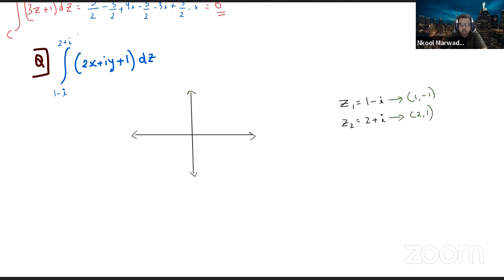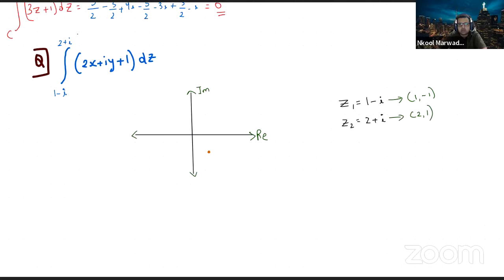This is the imaginary part. Now 1 comma minus 1 will be somewhere here: x is 1 and y is minus 1.